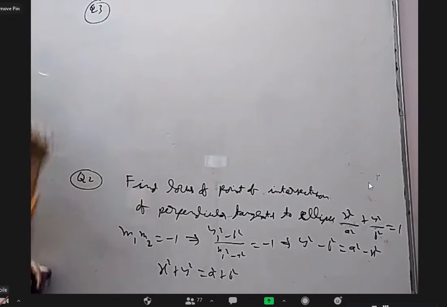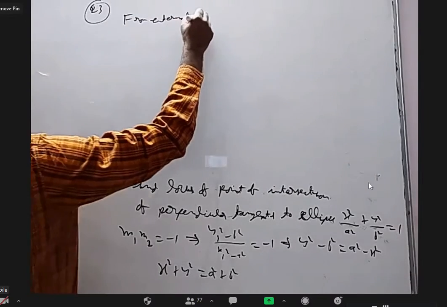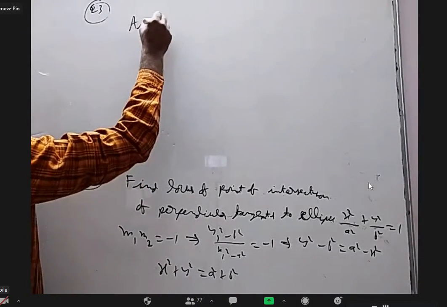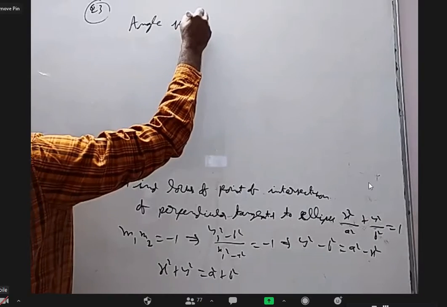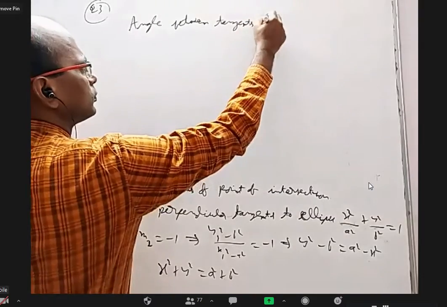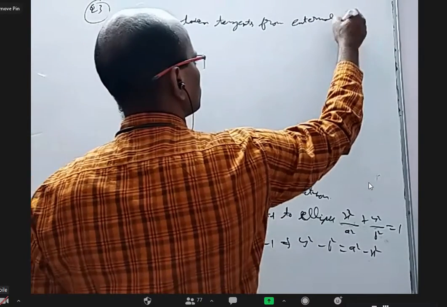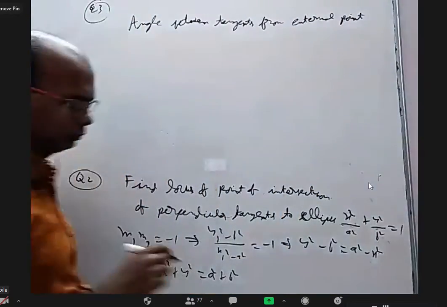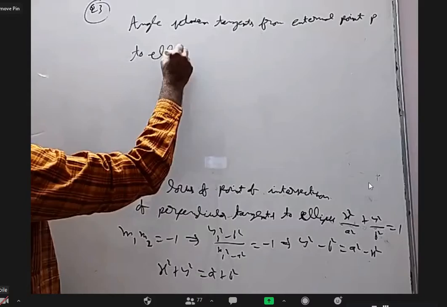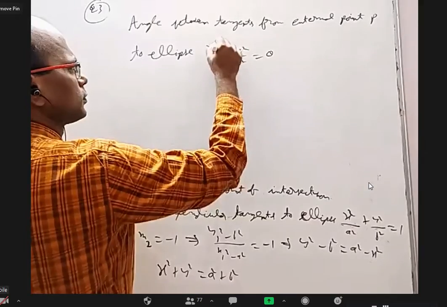Okay, third question. From external point P, the angle between tangents to ellipse x square by a square plus y square by b square equal to 1 is theta.